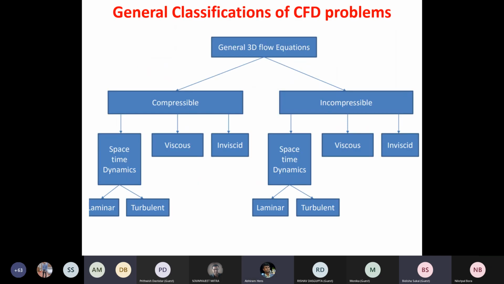I will not go into further details here, but let me show you the different classifications of CFD problems. It starts with general 3D flow problems. But CFD problems can also come in another two classes: one is called 2D problem, another is called axisymmetric problem.